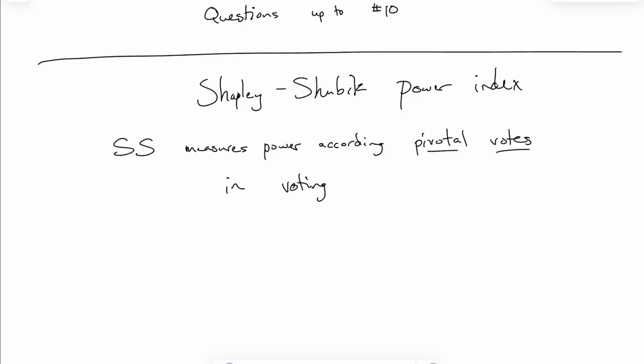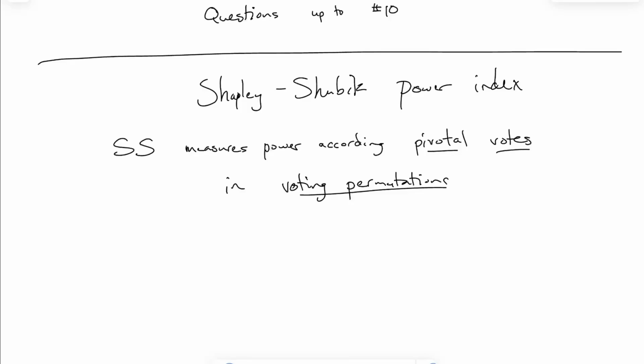These are the technical terms, voting permutations. So actually, we're going to talk about two different power indexes, the Shapley-Shubik, and the other one, unfortunately, just has another guy's name on it. The other one's called the Banzhaf, and you have to just remember which is which. But the Shapley-Shubik is the one about pivotal voters in voting permutations.